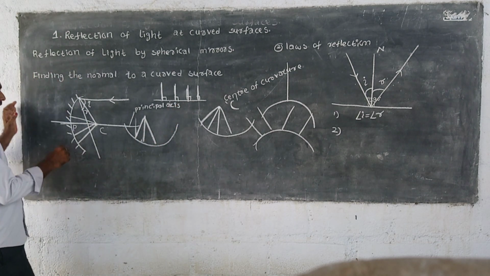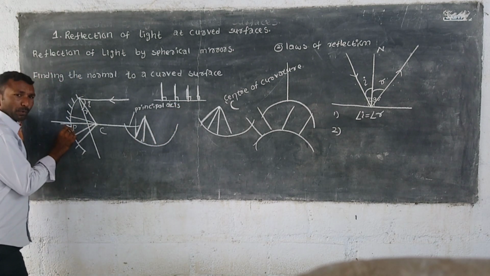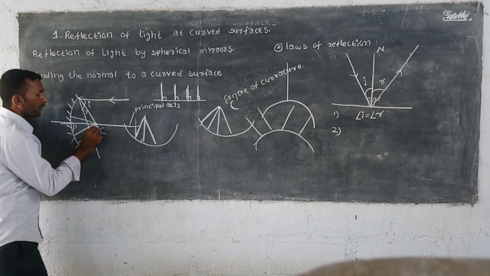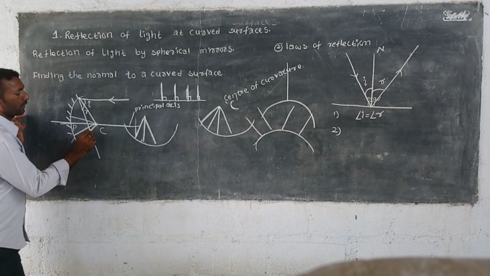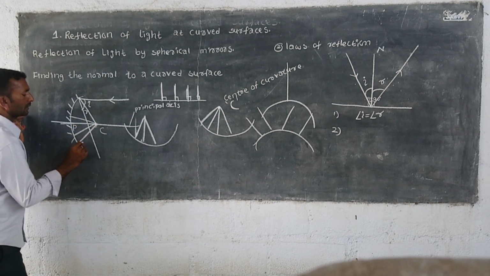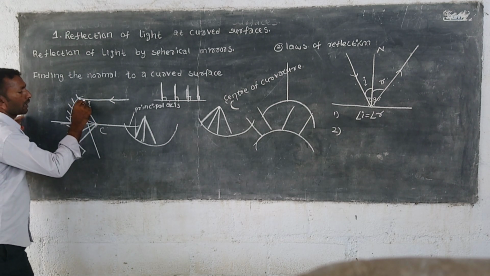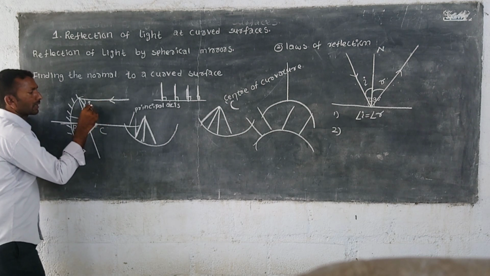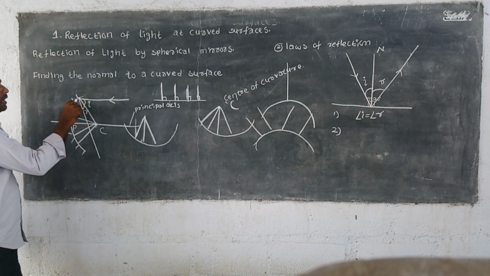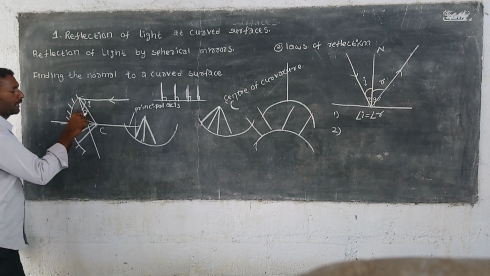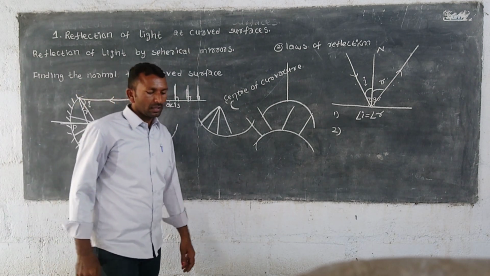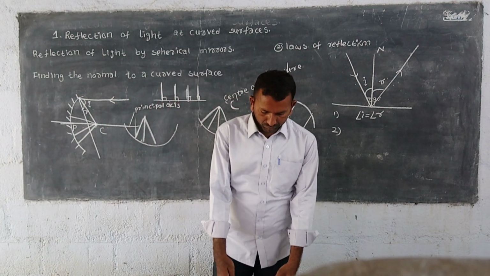The distance PC between the pole of the mirror and the center of curvature is called the radius of curvature. The angle between the normal and the incident ray is called the angle of incidence, and the angle between the reflected ray and the normal is called the angle of reflection.